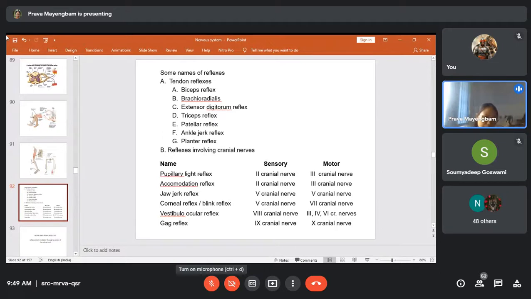But immediately when you come out of that room, with that dilated pupil, you cannot adjust to the light present in that very sunny place full of light. At that time you have to constrict your pupils to minimize the entry of light. So that is the pupillary light reflex.